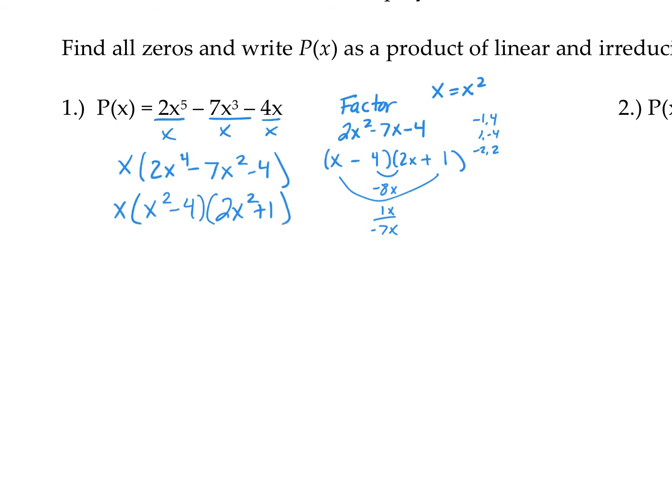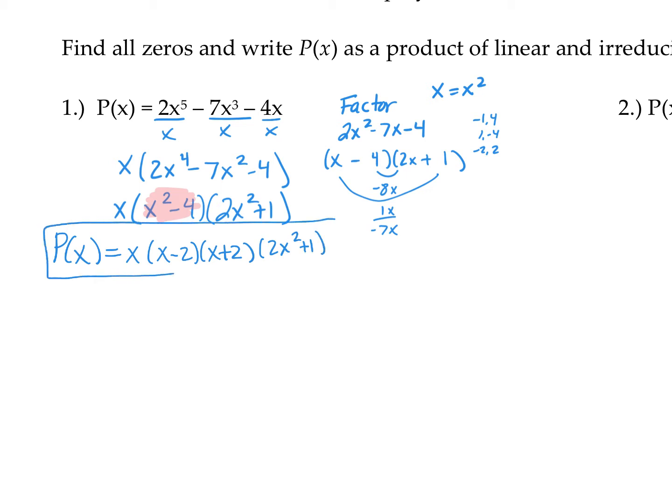Now this can actually factor a little bit more because x squared minus 4 is a difference of perfect squares. So when I factor, it's going to be x times x minus 2, x plus 2 to factor that difference of perfect squares. And then I'm going to have 2x squared plus 1. So this is that polynomial completely factored.